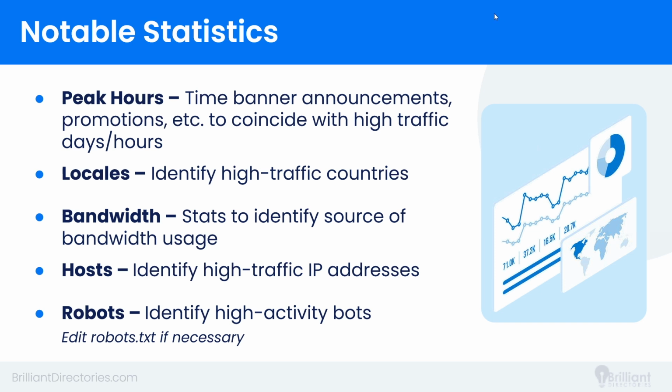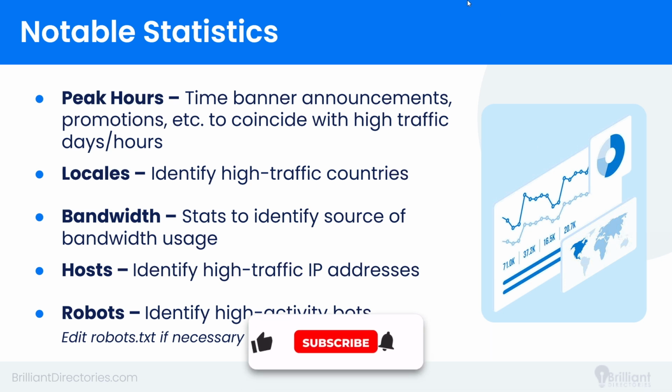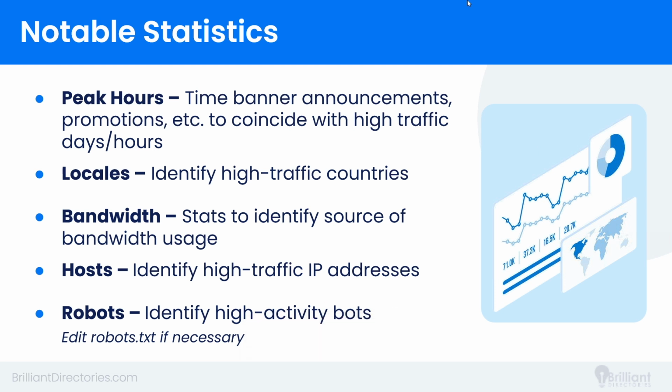But you could always geolocate an IP address to get its location, and if it's located outside of one of your target countries, that might be a case where you want to block that individual IP address. But you do want to be a little bit careful with that. You don't want to block the IP addresses of search engine servers, because we still want search engines to be able to scrape our websites, assuming we want to be listed in search engines.